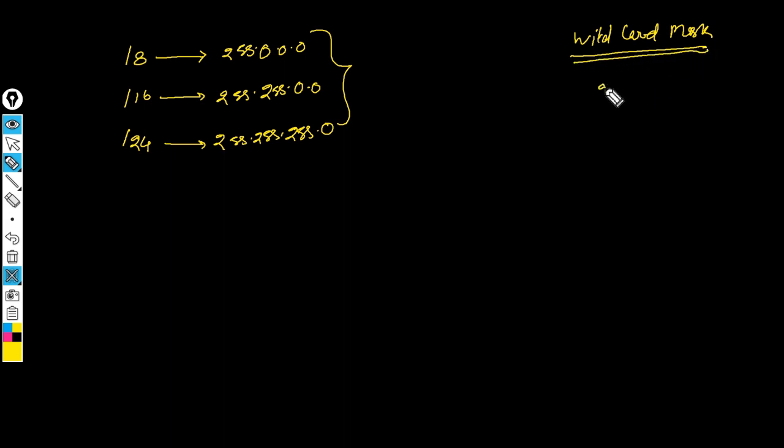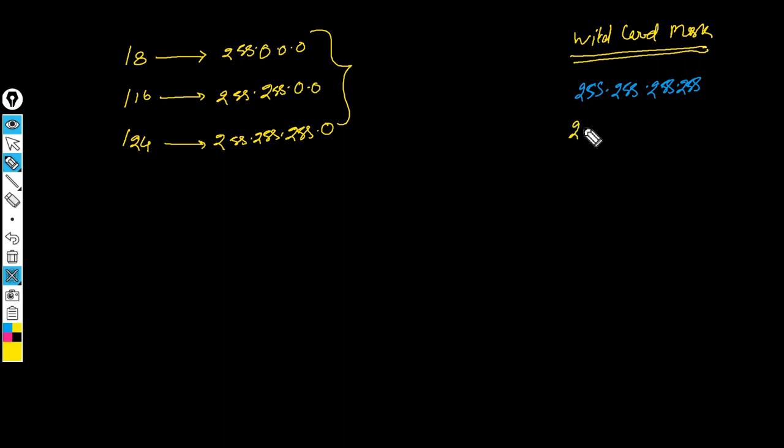For example, if you have a subnet mask of 255.0.0.0, basically you need to subtract it from the global subnet mask. What is the global subnet mask? The global subnet mask is the global broadcast, 255.255.255.255, correct?